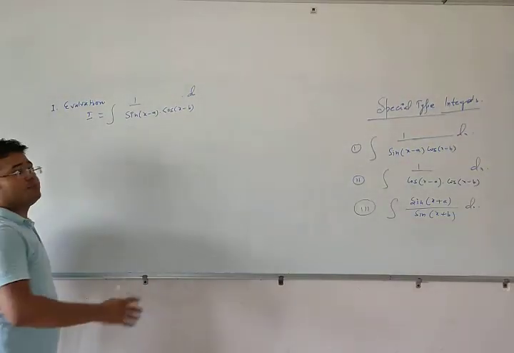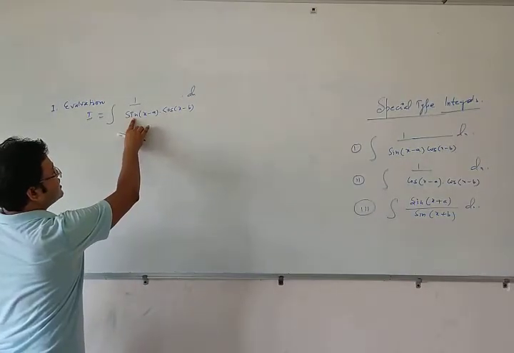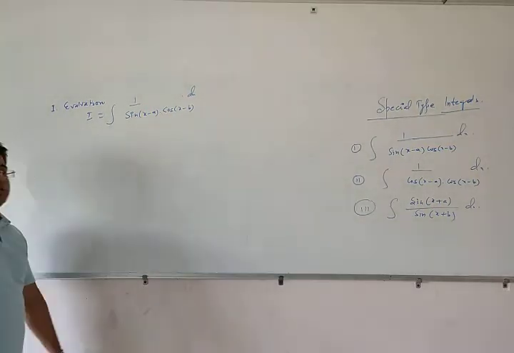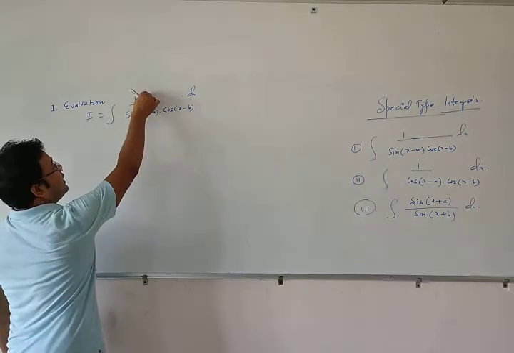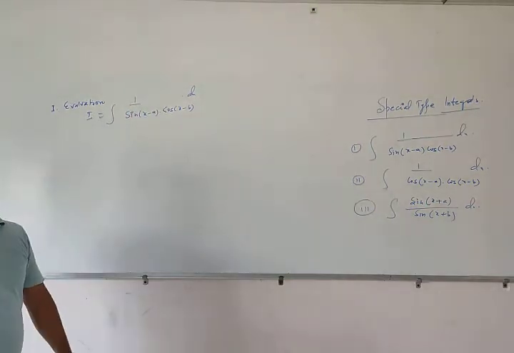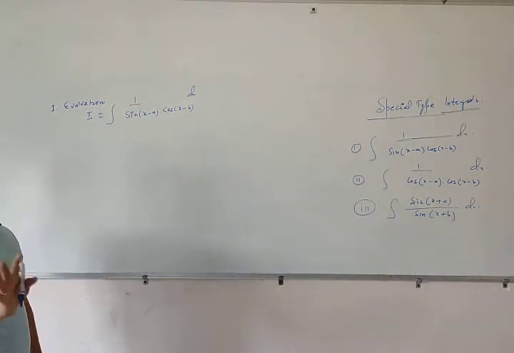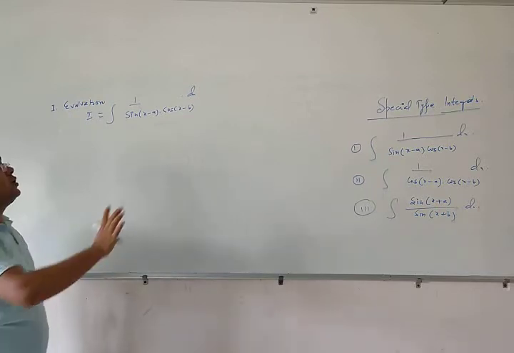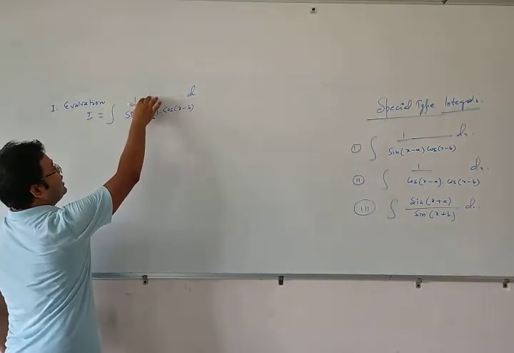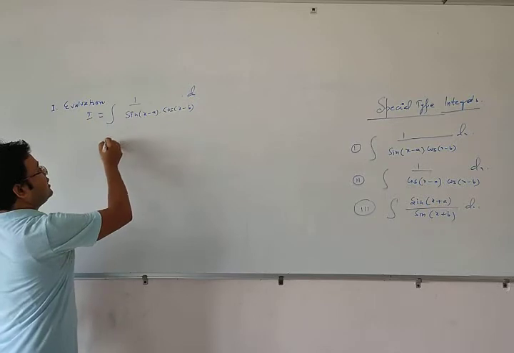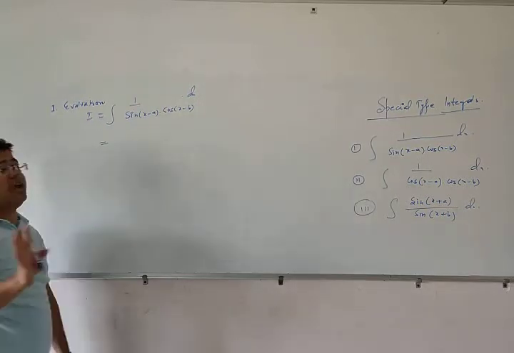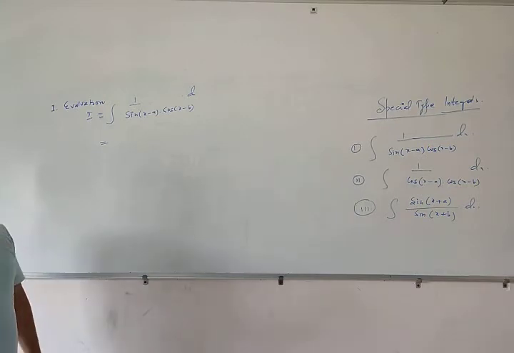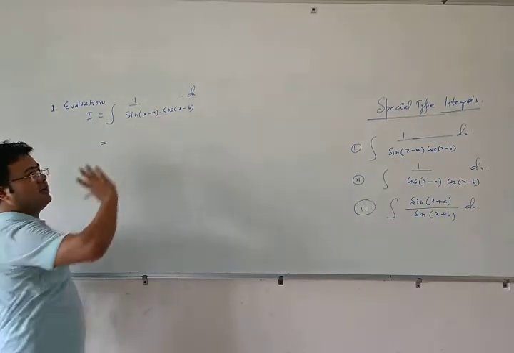Here one is a sine function and the other is a cosine function. So we have to write a constant here, and the constant term is managed easily. Without writing this constant term, we can't evaluate this type of integral.